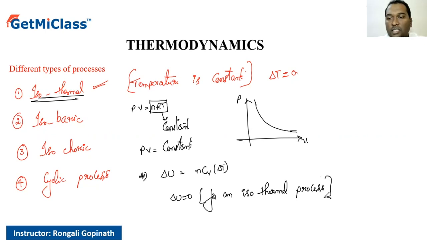There cannot be any change in this. As long as temperature is constant, the internal energy of the gas will always remain constant. Now, the next thing that we are going to deal with is the work done in case of an isothermal process.